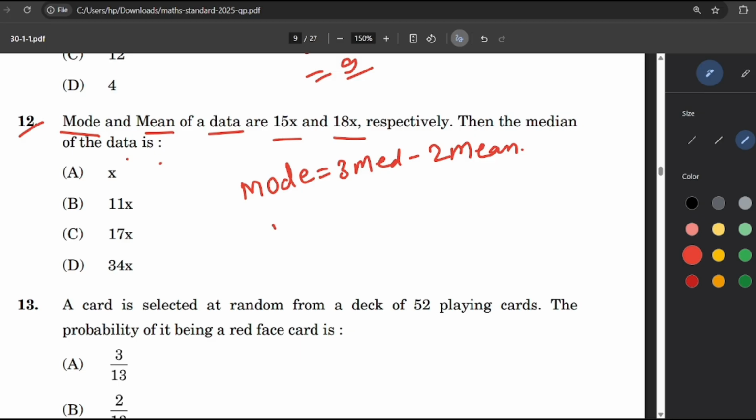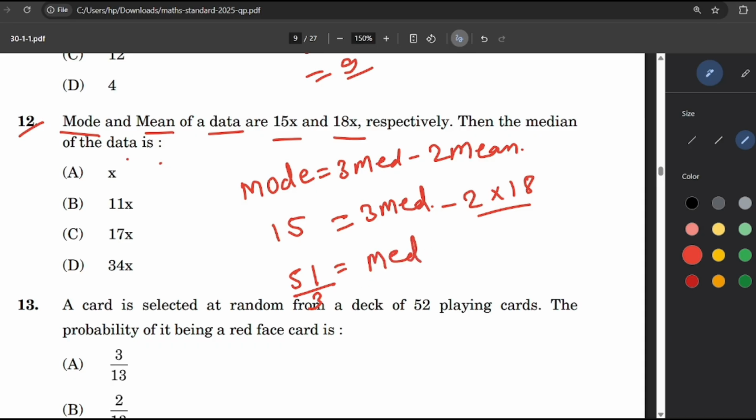So we have the mode, we have the mean, so we can find our median. 36 and this 15, it will be 51. So 3 median is 51, so 51 by 3 is equal to median. This median is equal to 17x, so option C is correct.